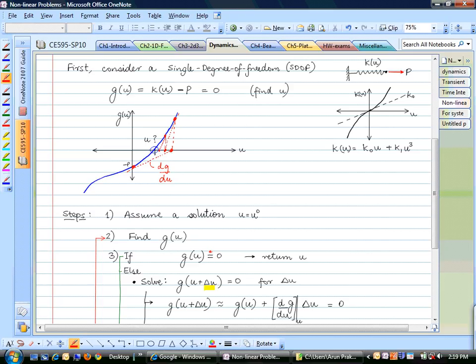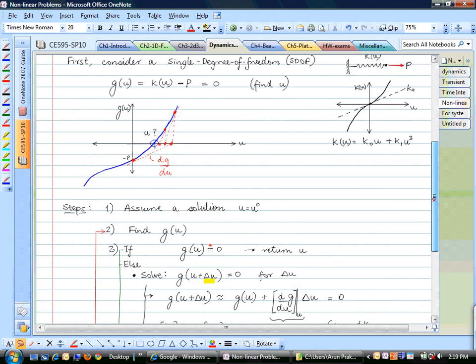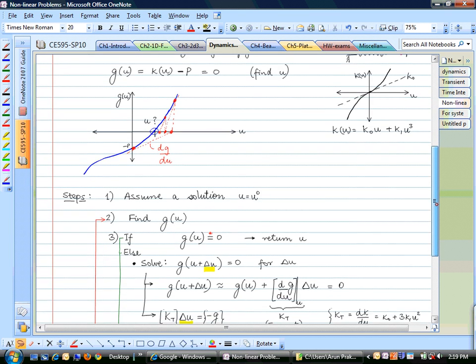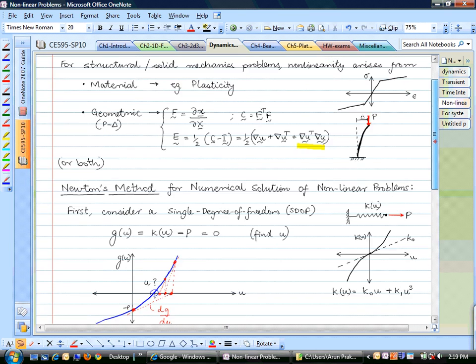So you can see that progressively your approximations are getting better and better towards the actual solution. This is what happens in Newton's method. This is basically the most common way of solving these types of nonlinear problems.